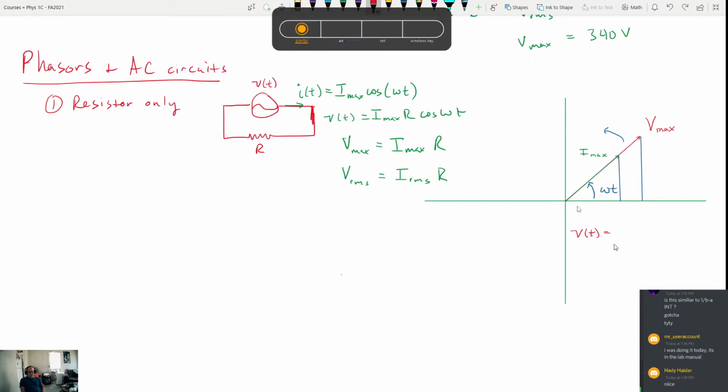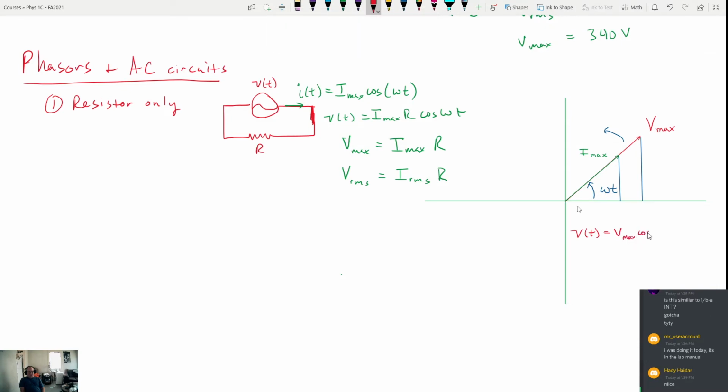So this is equal to Vmax times the cosine of omega t. And that is going to be the length of this line right here.